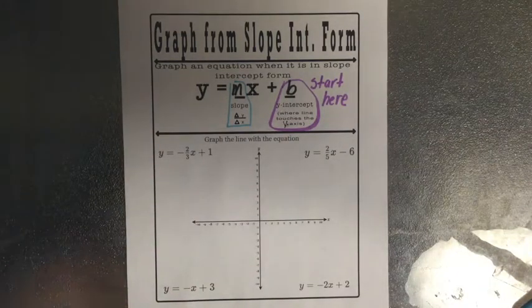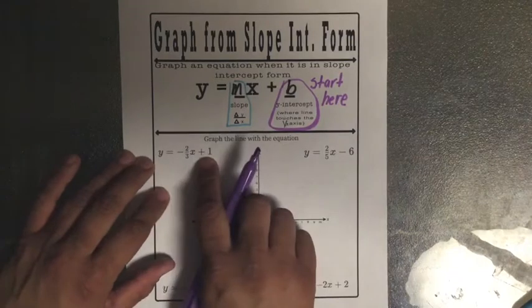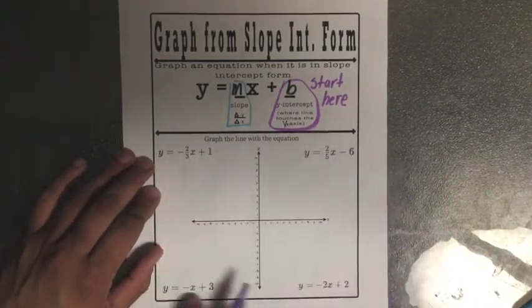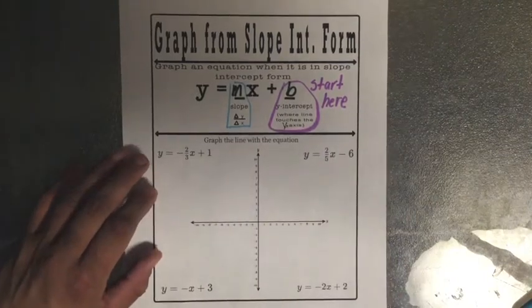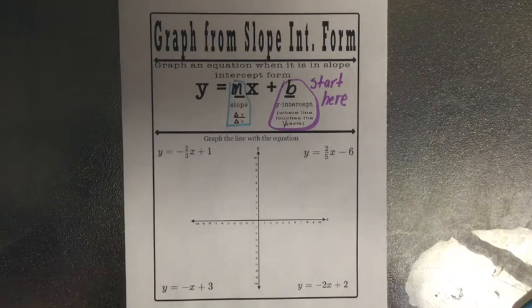So let's see what we have here. For the first, it says graph the line with the equation. I have 4 different lines here. We're going to graph them all on the same graph, but the idea is going to be the same.